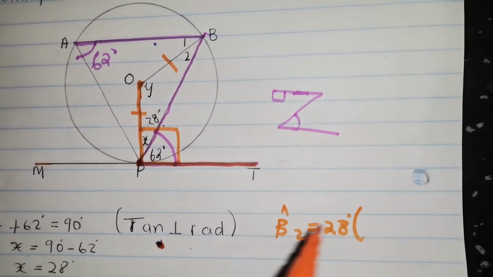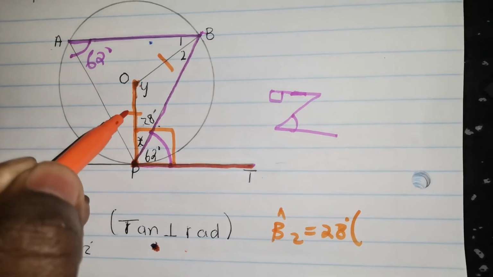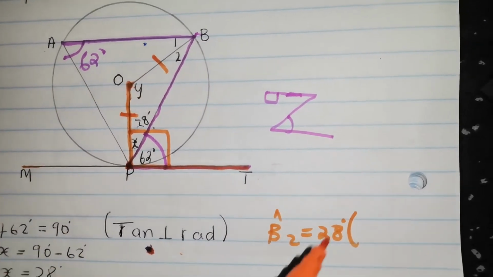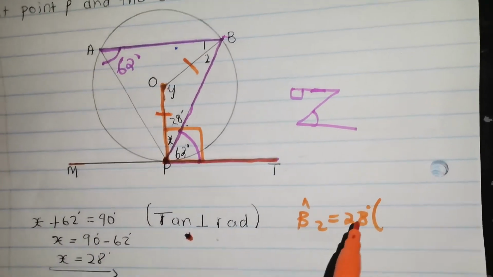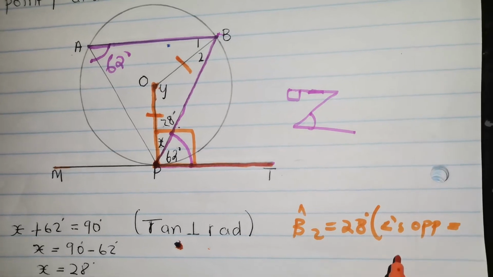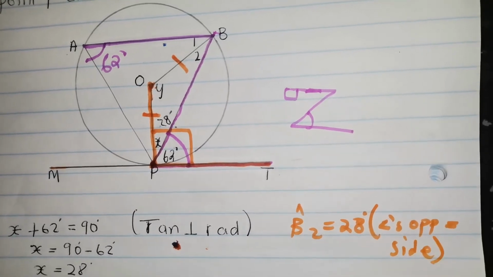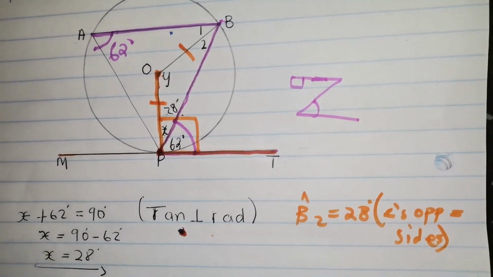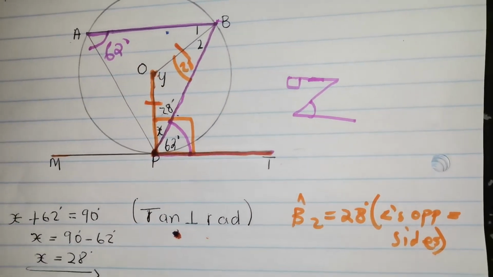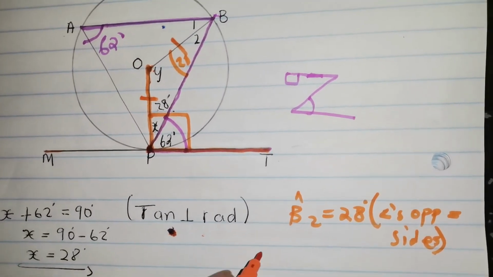The reason: you have two equal sides, an isosceles triangle, angles opposite equal sides are equal.